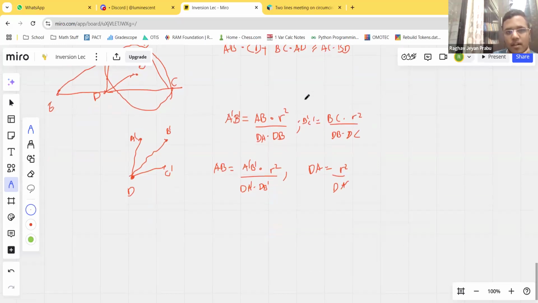So let's look at the inequality. The inequality states that AB times CD plus BC times AD is greater than or equal to AC times BD.